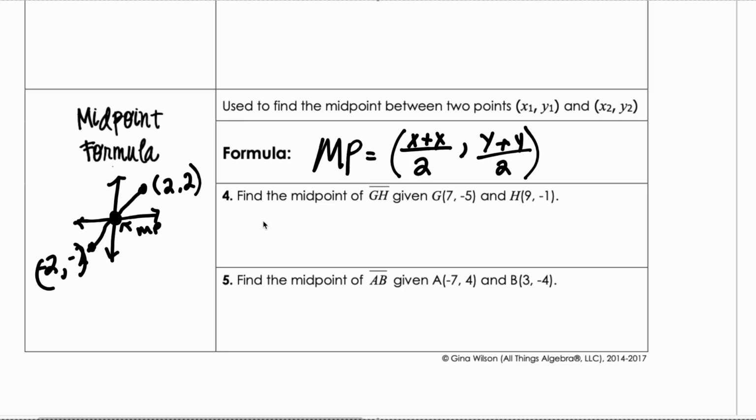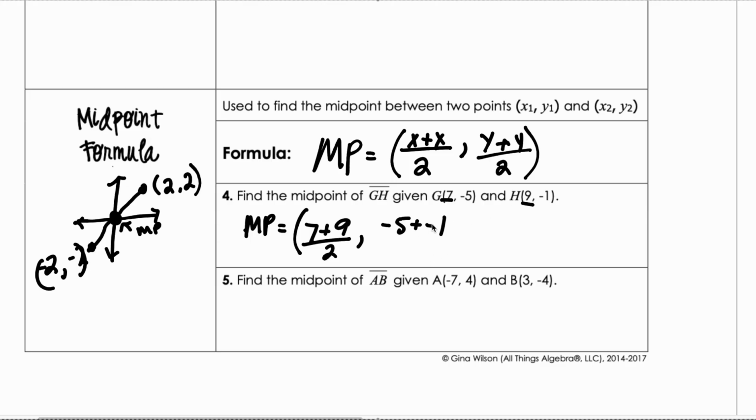So let's plug in our numbers for number 4. Let's test it out. So the midpoint equals my first x, which is 7, plus my second x, which is 9. Divide all that by 2. And then my y is going to be -5 plus -1.